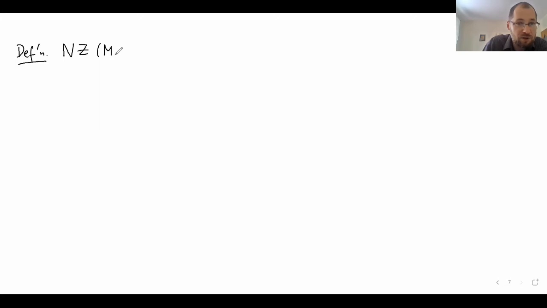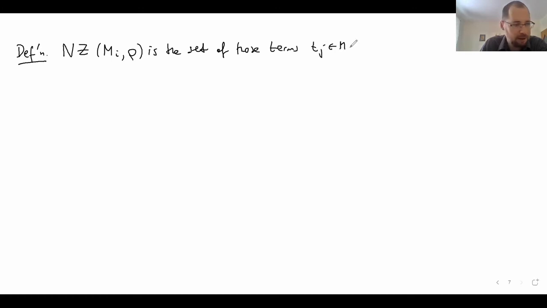NZ stands for non-zero. So NZ of MI in rho is the set of those terms, say TJ, appearing in MI, that are not forced to 0 by rho.